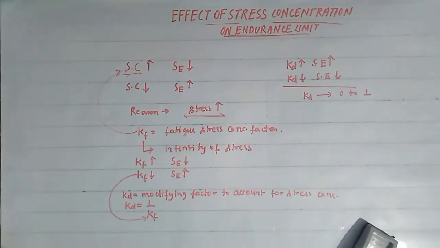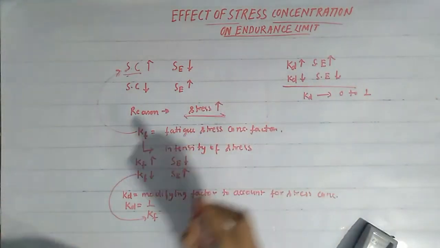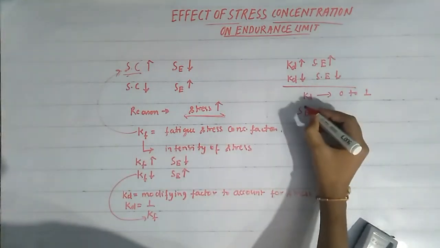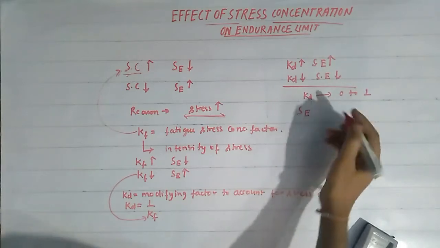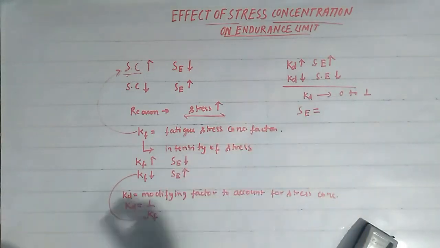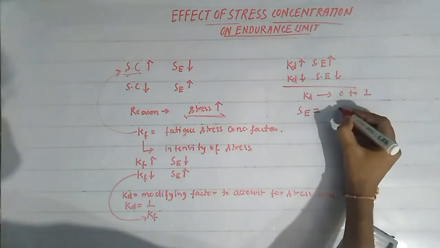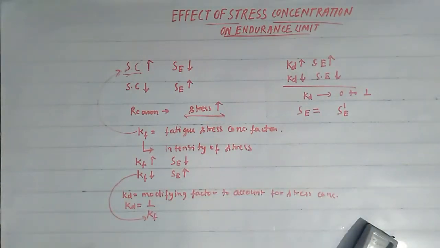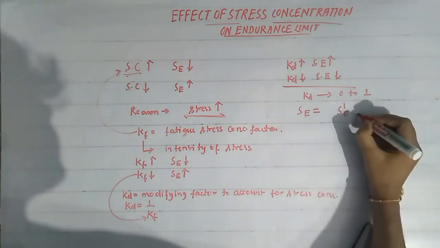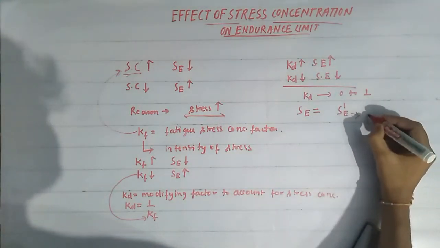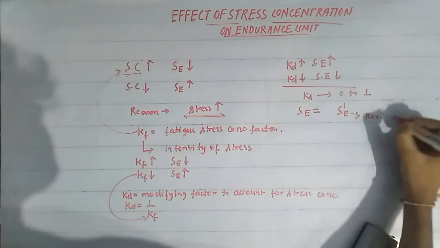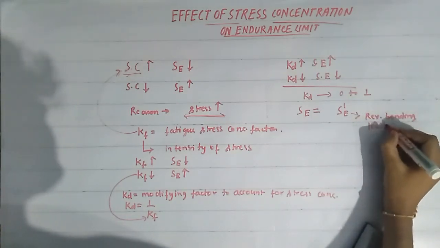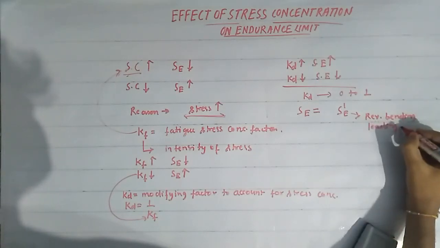And this KD is used to tell us a relationship between the corrected endurance limit of the specimen and the endurance limit of the specimen which was obtained from the rotating beam specimen in reversed bending loading condition. This is the endurance limit of the specimen in reversed bending loading as obtained from the rotating beam test.